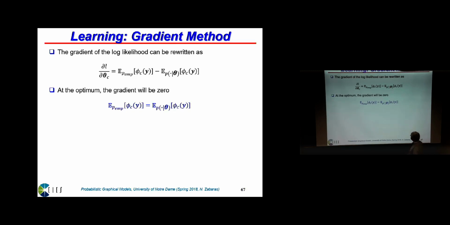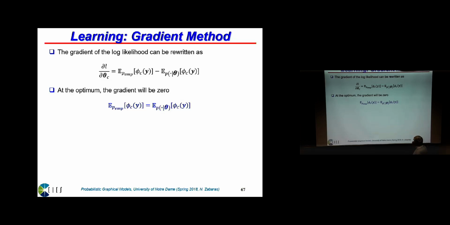So if you set this to 0, in this case, we have the problem that we were discussing in the last 3 or 4 lectures. And that problem is really moment matching. You see that? The expectations of each of these feature functions for each clique need to match the corresponding expectations under the empirical distribution.